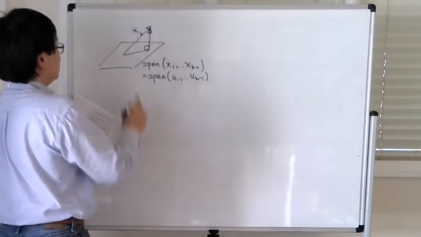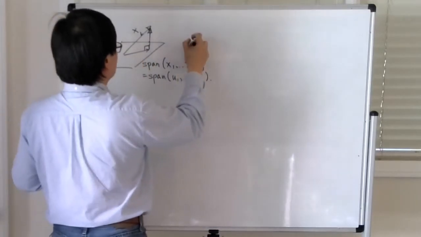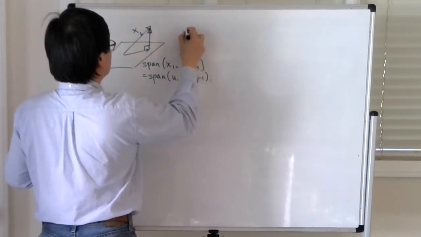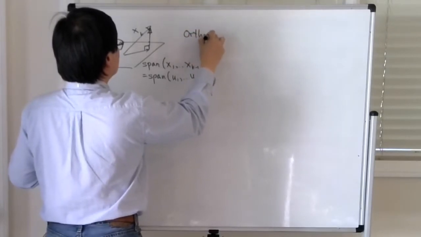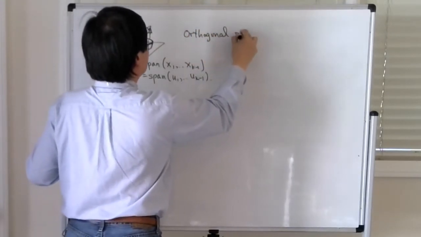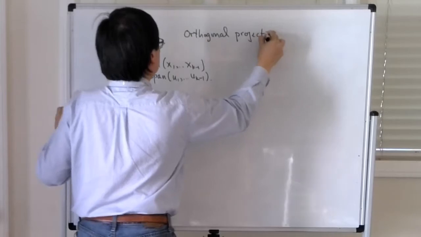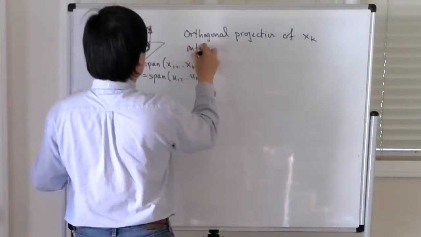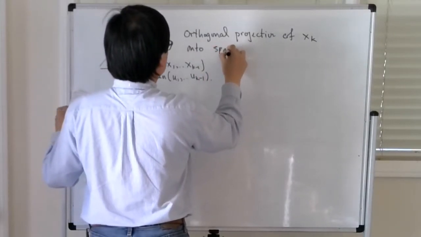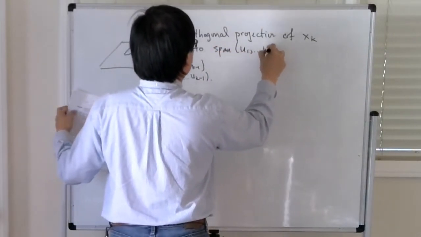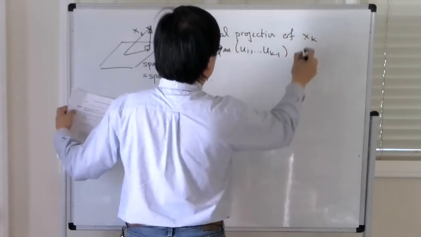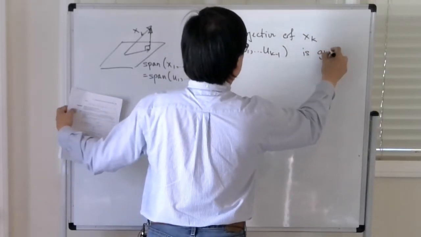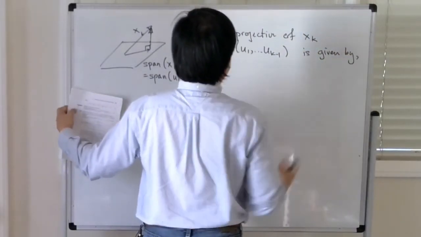So the orthogonal projection of xk onto the span of u1 to uk minus 1 is given by the following.